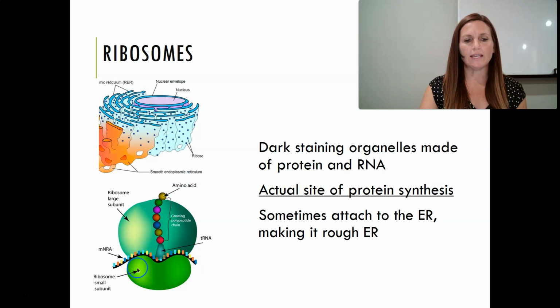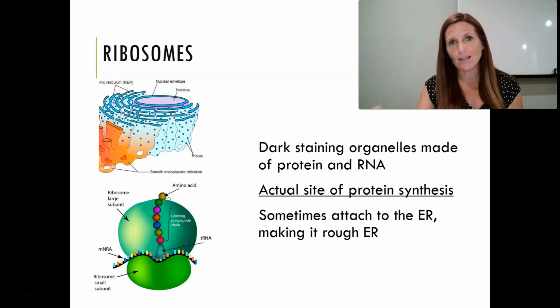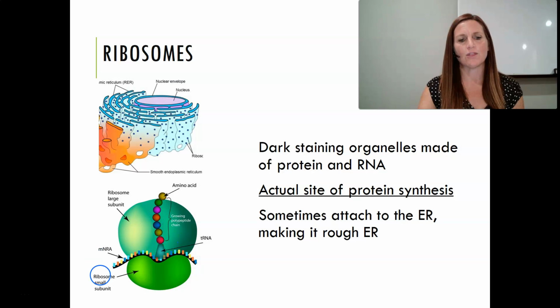So this green sphere is the ribosome. These little colored things here are turning ultimately what was our DNA, our genetic information, into a protein. But the site where that happens is the ribosome.